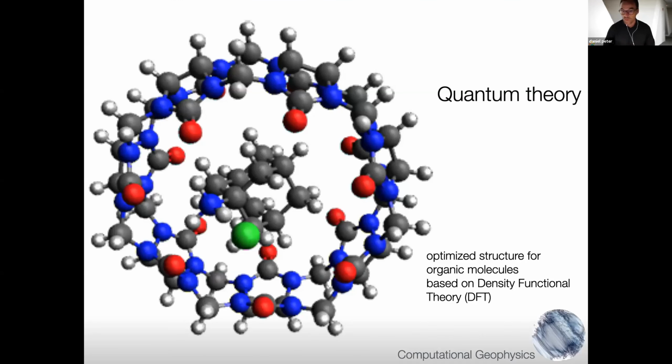Or, for example, in quantum theory, if you're looking for optimized structures for molecules, like organic molecules, based on the so-called density functional theory, DFT, again, you can use the pseudo-spectral method for these kinds of studies.